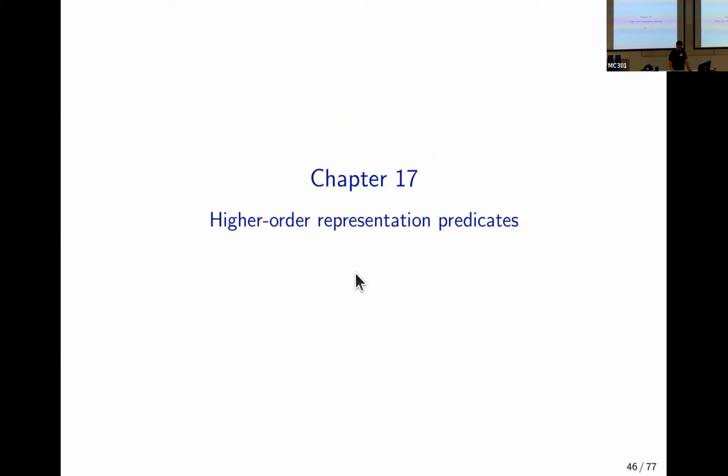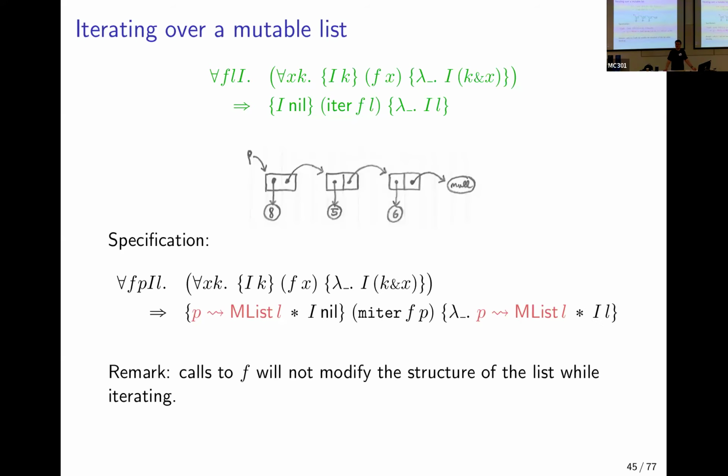Okay. Yes. So what if I want F to be able to borrow the mutable list? F will see that it borrows the elements. You want the function F to modify maybe the list? You'll need to prove a different specification.